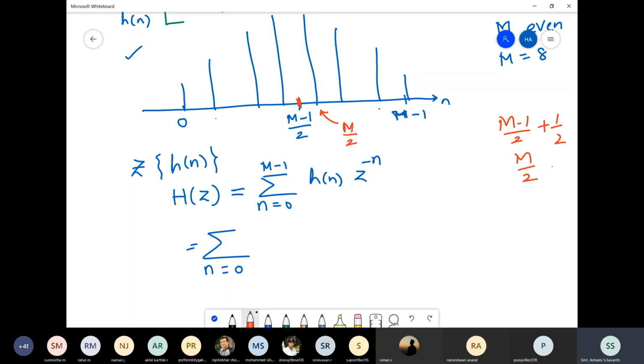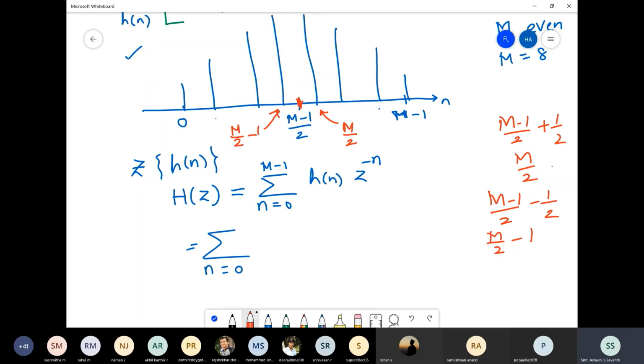The second portion of the samples is starting there. Then what is the index before (m minus 1) by 2? The (m minus 1) by 2 value, you have it here. It is to the left by half, so minus half. So what is this? m by 2 minus half is m by 2 minus 1. Why did I write down that index?